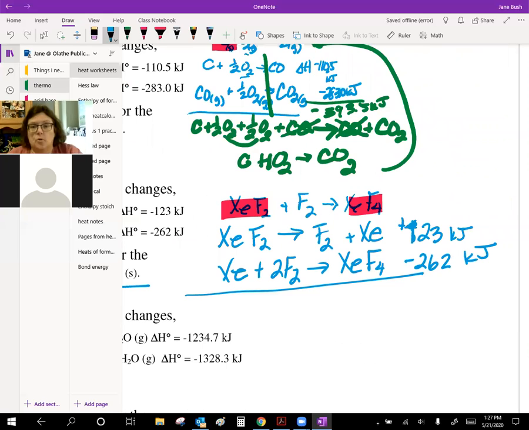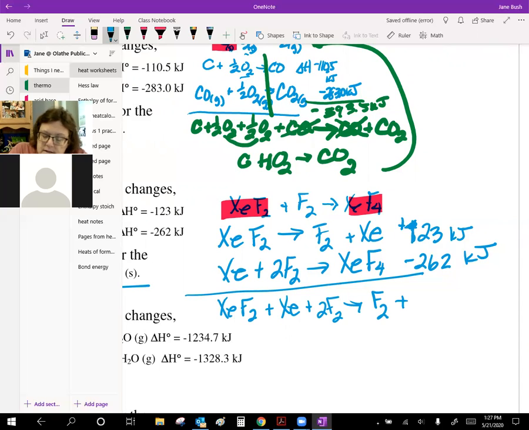Now we'll mush them together. So we'll bring XeF2 down, plus Xe plus 2F2 plus F2 gives us XeF2 plus Xe plus XeF4. These two will cancel out because they're the same on both sides.